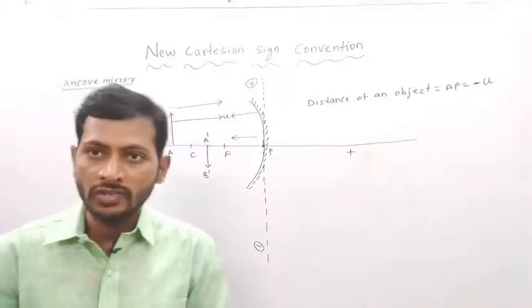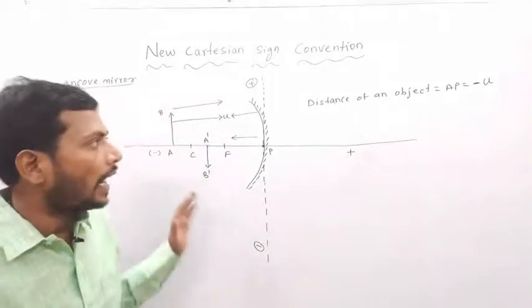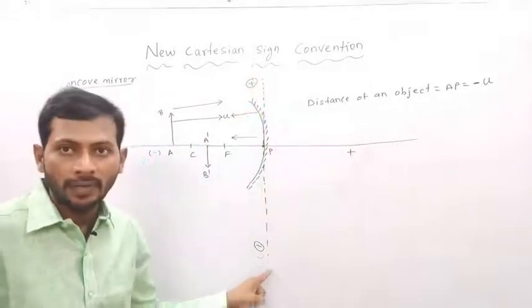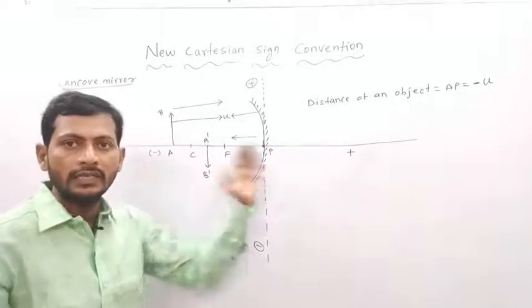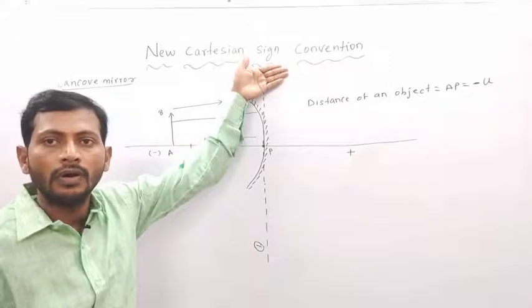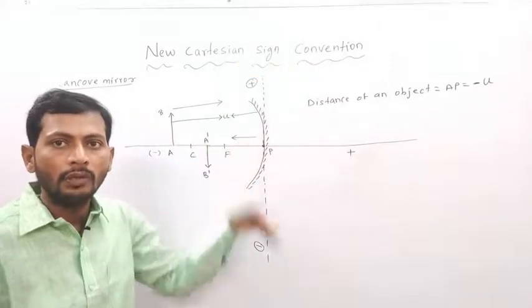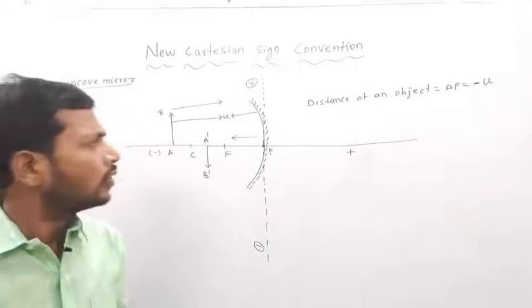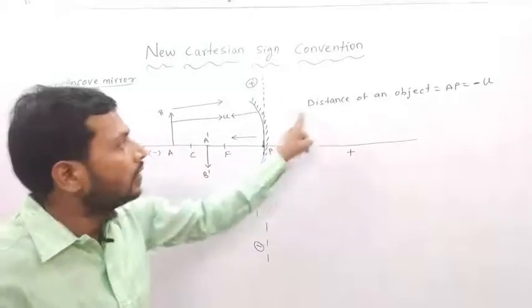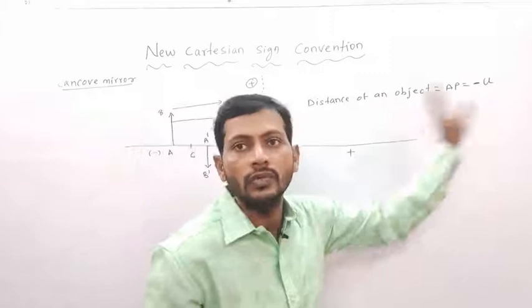That's why I have made this graph paper and given another method. On the graph paper, this is the minus, this is the plus; above the x-axis y is plus, below is minus. So you can apply it easily. So now the distance of an object is minus u.